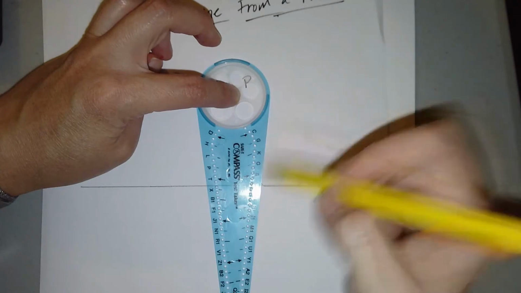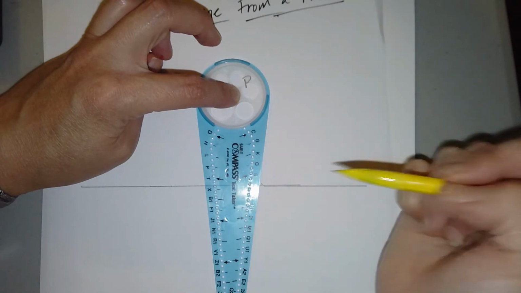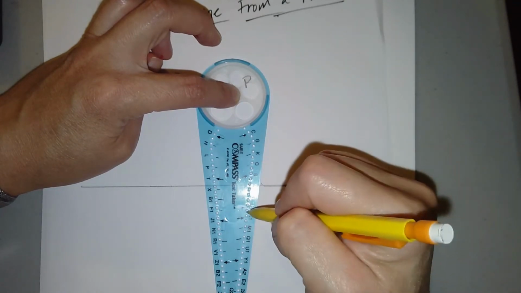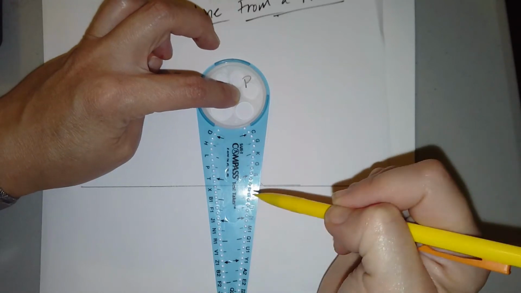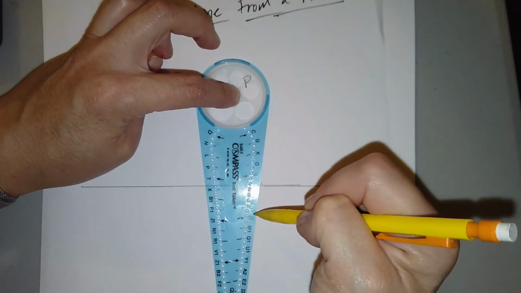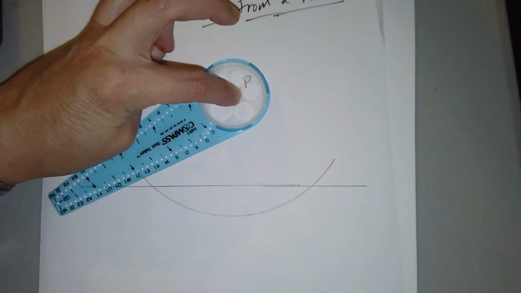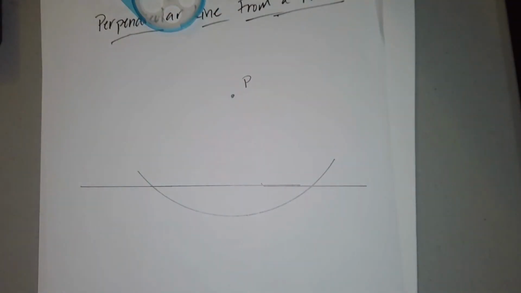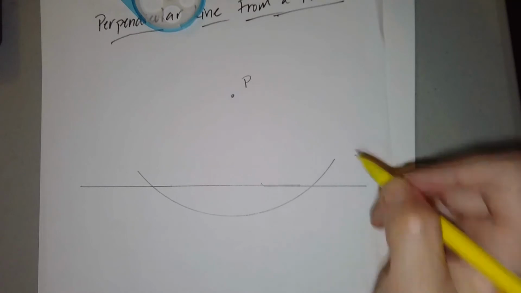I don't want it to be too huge because I don't want it to go off my page. So I'm going to pick a distance, I1. I'm just going to swing it around. Notice that it hits my line in 2 spots, which is what I want. So I used I1 on mine. Again, it doesn't really matter which one you use as long as it intersects.